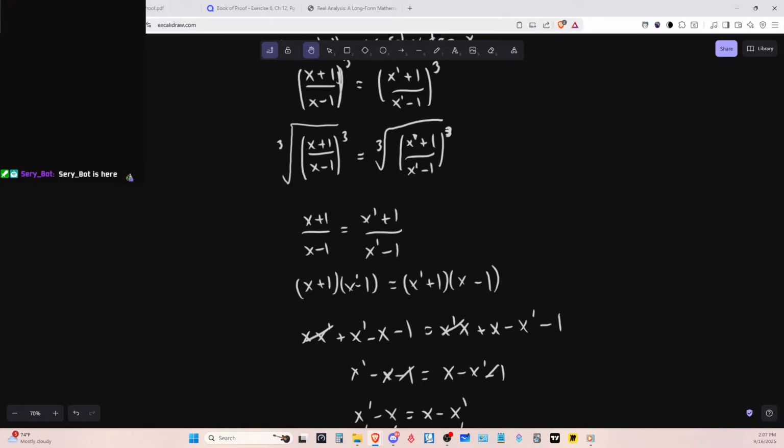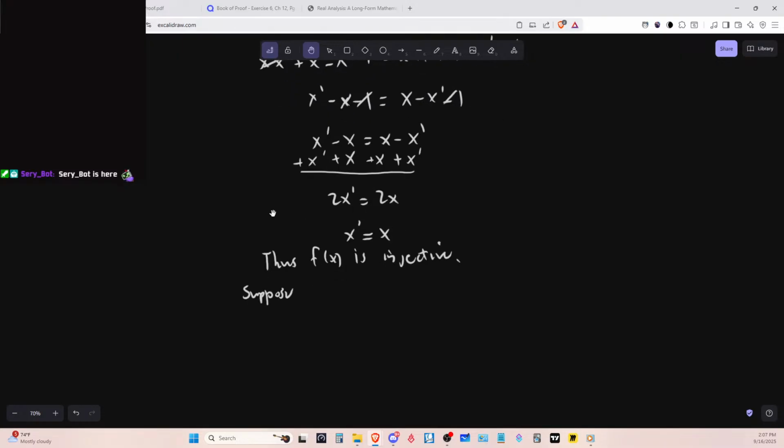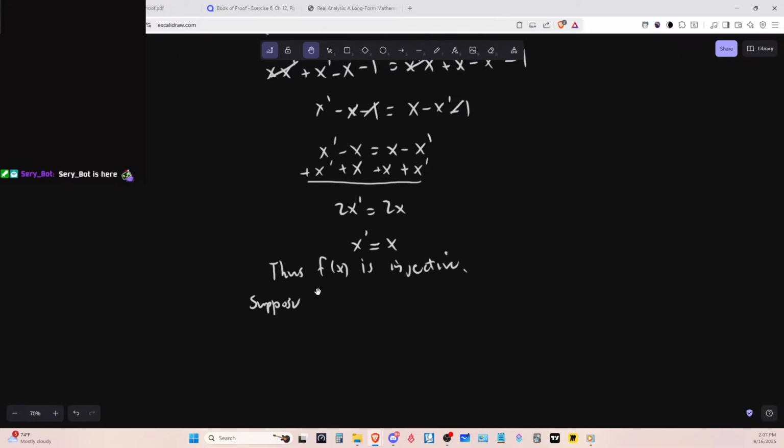So we just can't have one, so suppose, oops, B is an element of, well actually let's put Y. Y is an element of the reals minus 1 and f of x is equal to y.